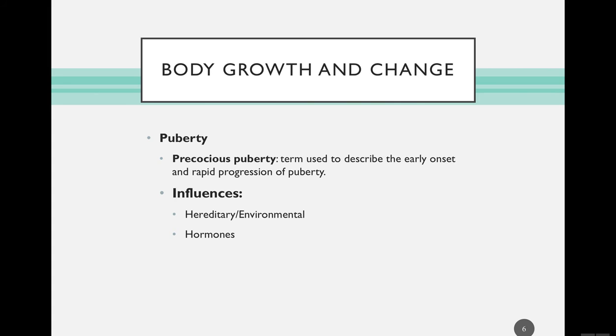And precocious puberty is a term used to describe an early onset of rapid progression of puberty. It is influenced by both hereditary and environmental factors as well as hormones. So in terms of hereditary factors, it is programmed into the genes of every human being.